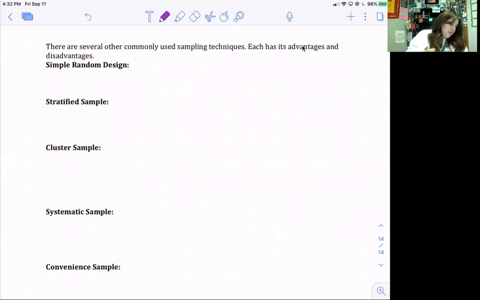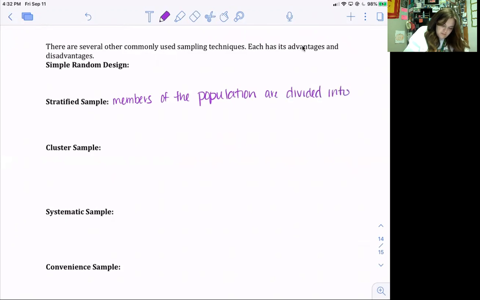And then stratified sample. This is when members of the population are divided into strata that share a similar characteristic.